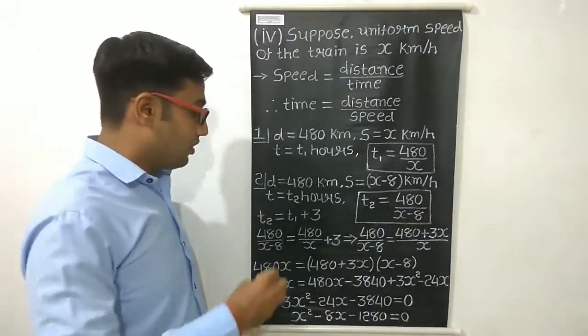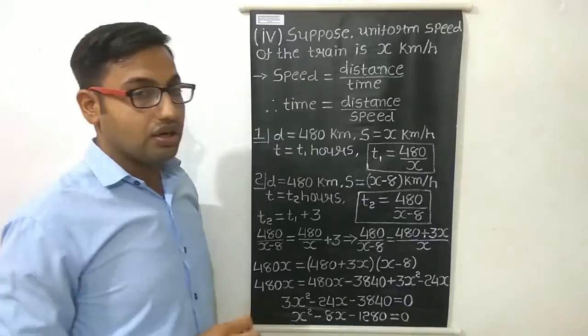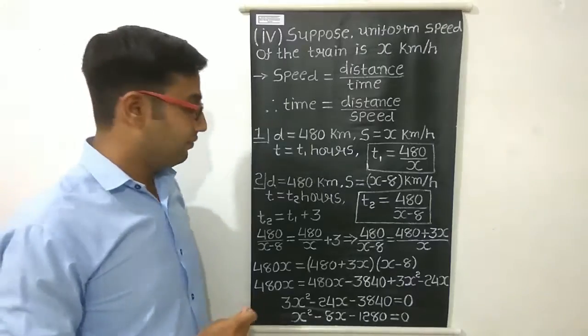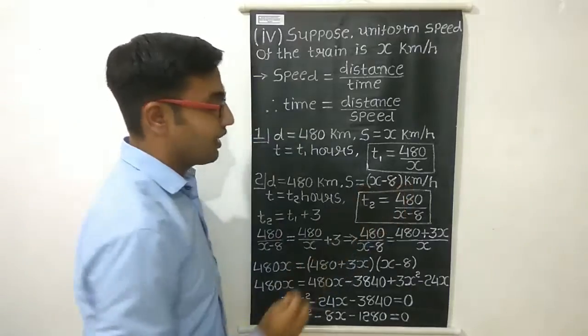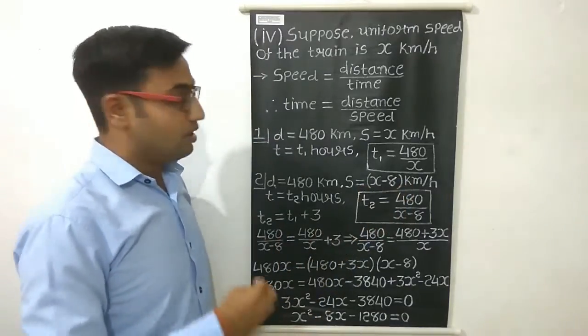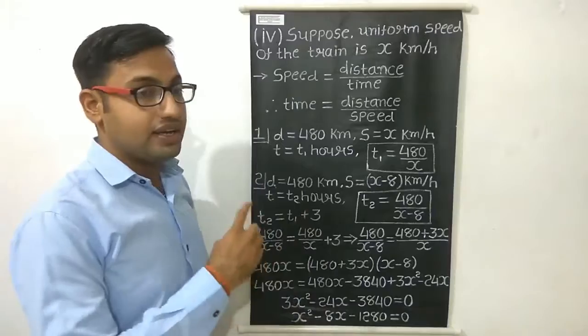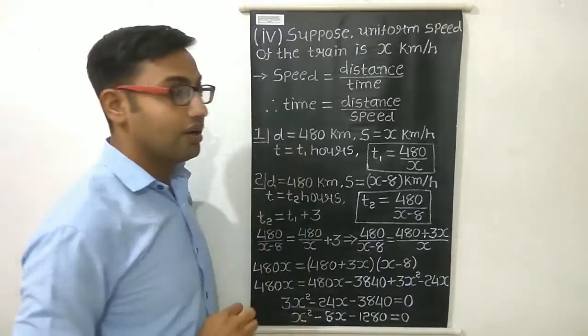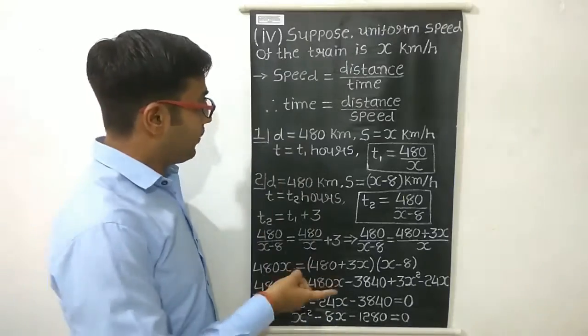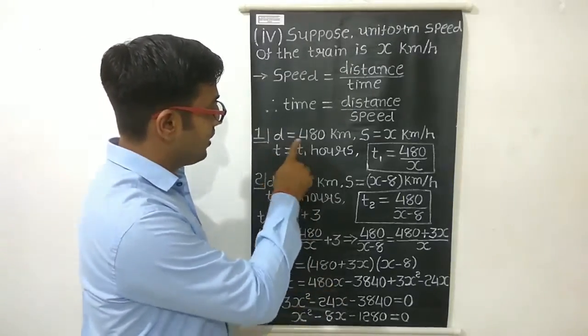Now another situation given in the question is that since the speed is reduced in the second case, the train will take 3 hours more to cover the 480 kilometer distance. So in the first case it will take t1 time.